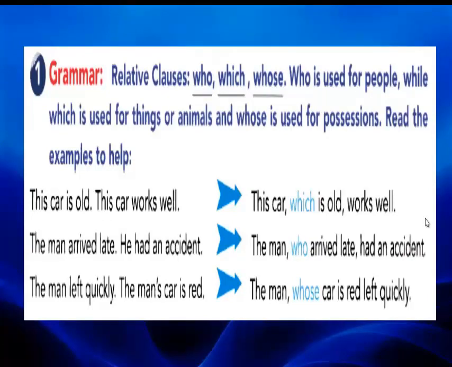Number one, who is used for people, while which is used for things or animals, and whose is used for possession.